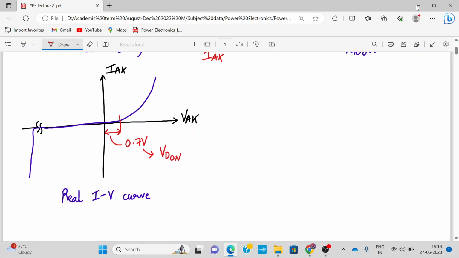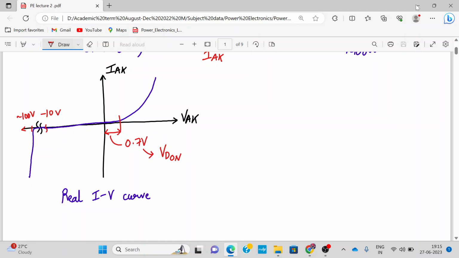Once the externally applied voltage crosses the VD on voltage of 0.7, the diode starts conducting. Over here, this value might be around, let's say, minus 10, and there is a break over here indicating that there can be a change in the range. So this will be around minus 100 volt. Once the reverse voltage VAK reaches minus 100 volt, for a normal diode it enters the breakdown region, normally avalanche breakdown.